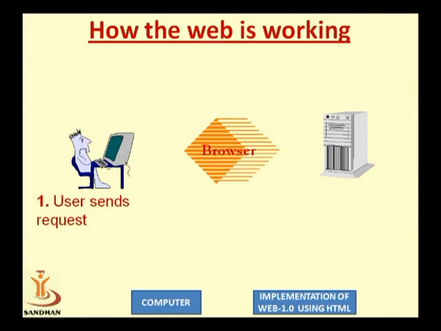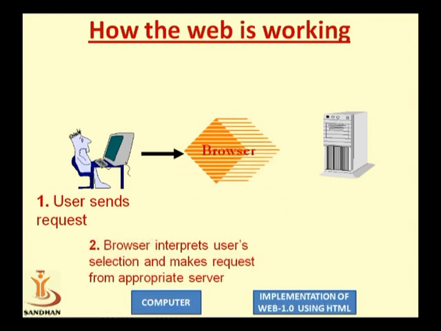Then what is the first step of the web, how does it work? First the user sends a request to the web browser, right? What happens after the first request comes from the user? The web browser interprets the user selection and makes a request from the appropriate server, right?